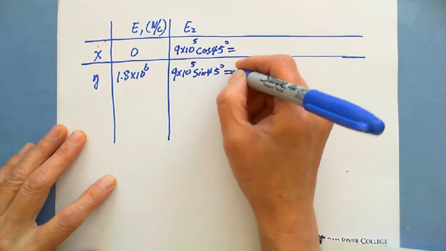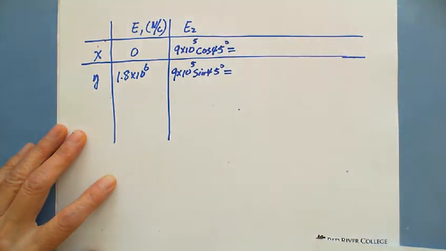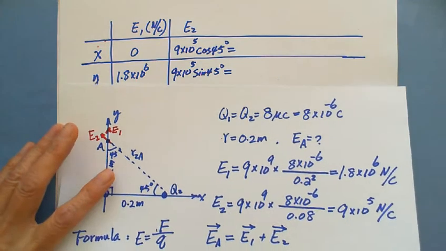As we know, cosine 45 and sine 45 have the same value, which is 0.707.